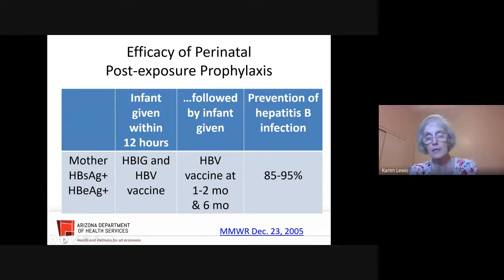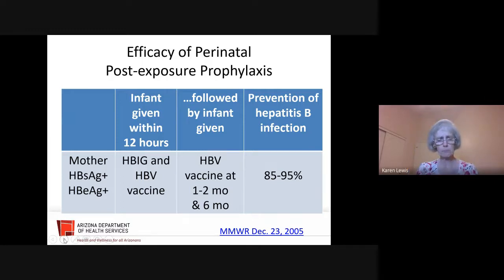Combining hepatitis B immune globulin and hepatitis B vaccine given within 12 hours of birth, followed by the child finishing the vaccine series, 2 more doses, the first at 1 to 2 months and the second at 6 months, prevents 85 to 95% of hepatitis B infections.